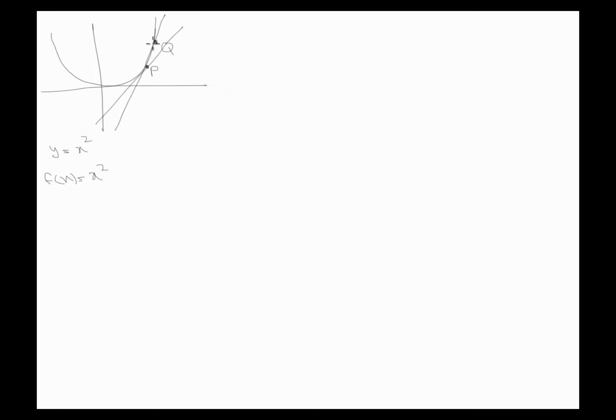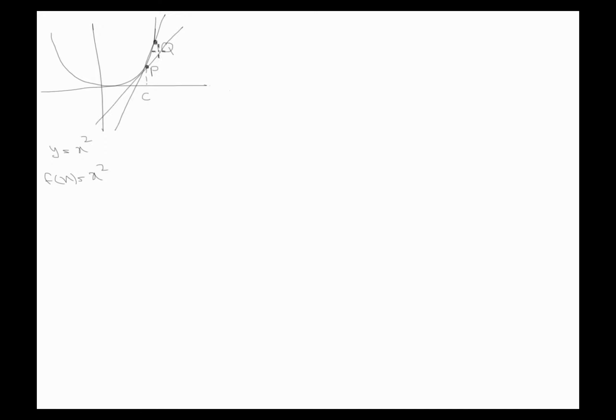So what we saw before was the closer and closer this point Q gets to point P, then the closer these two gradients are going to match. So the gradient of PQ is going to get really close to the gradient of this tangent at point P. So let's say this point P is located at x is equal to c.